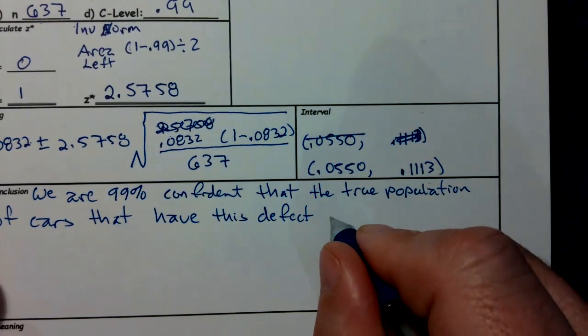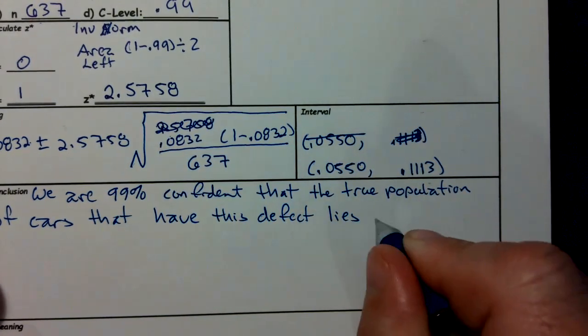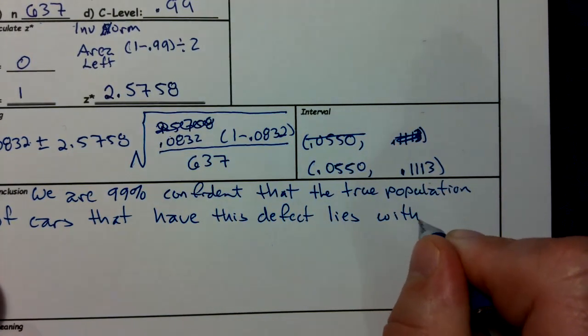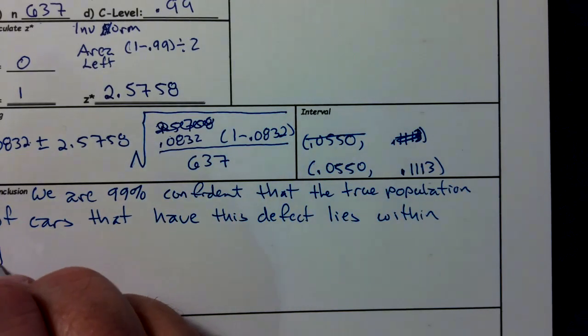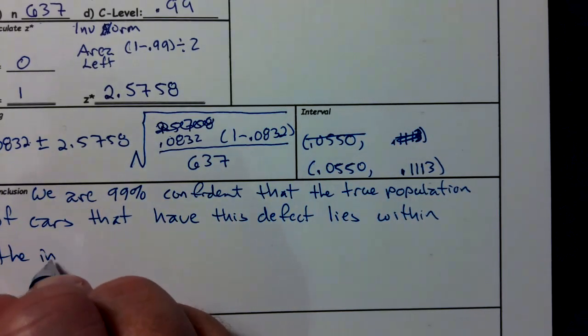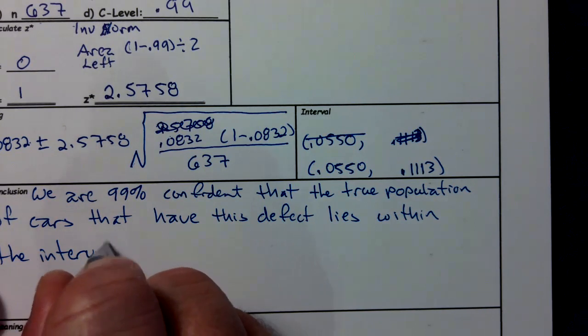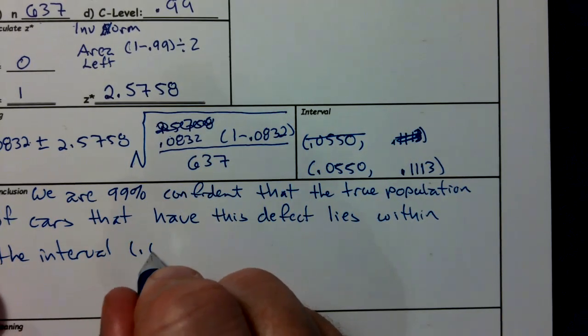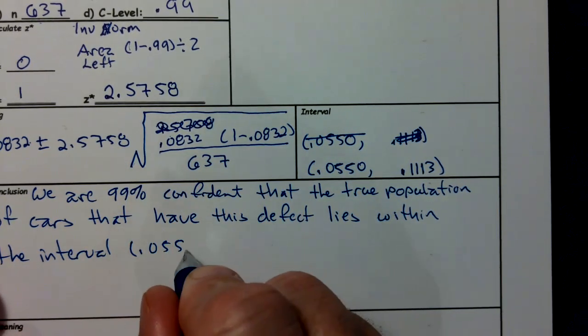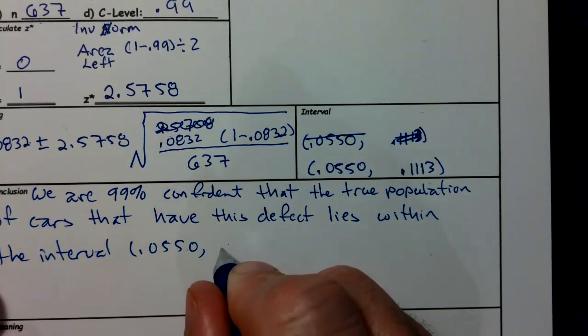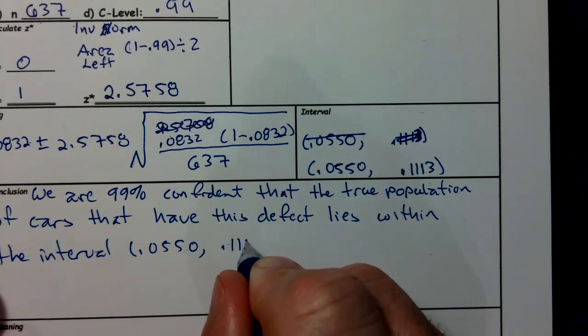What are we confident about? That it lies within the interval 0.0550 to 0.1113.